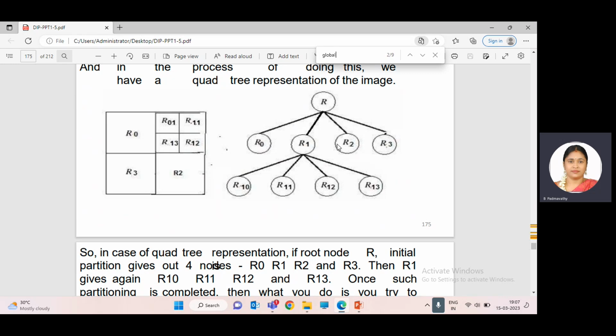Some of the methods are morphological watersheds, watershed segmentation algorithms and dam construction. These are the various topics where you can use it. And in morphological segmentation, you can have a catchment basin and watershed, which has minimum values, and the entire image has been split or merged.